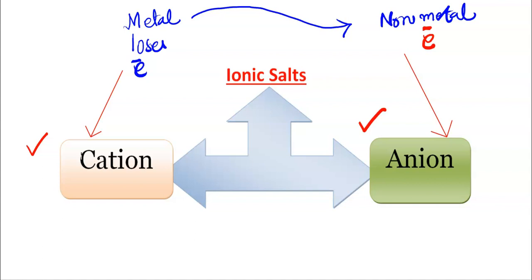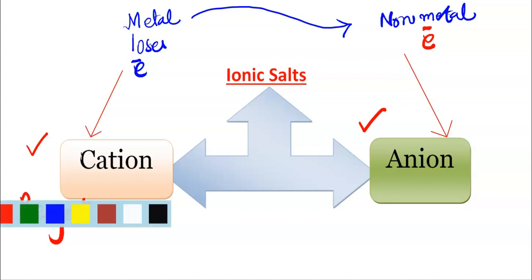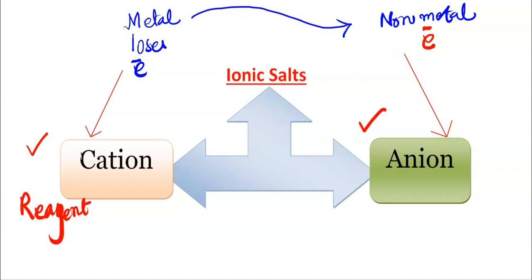For the cation, we have specific reagents. For all cations, we use a specific reagent, and that is aqueous sodium hydroxide, NaOH. And you know what is meant by aqueous?